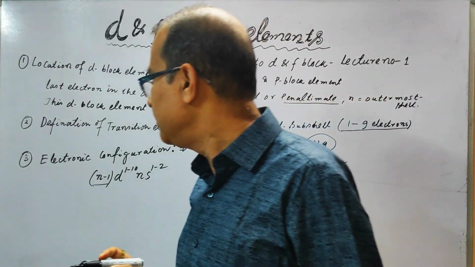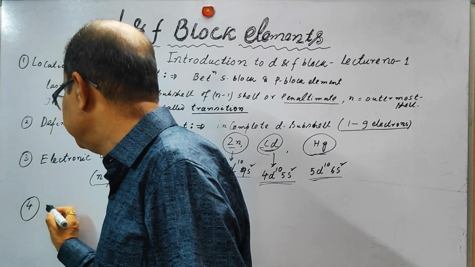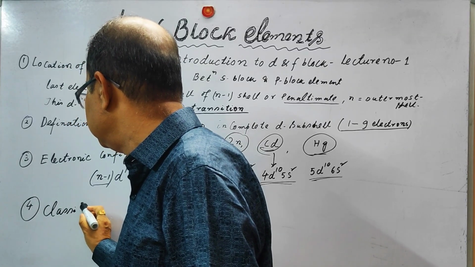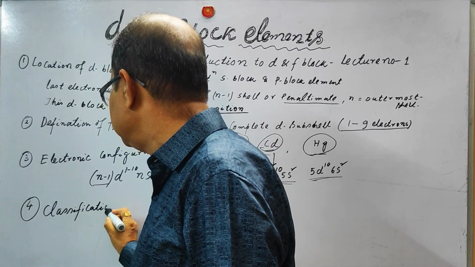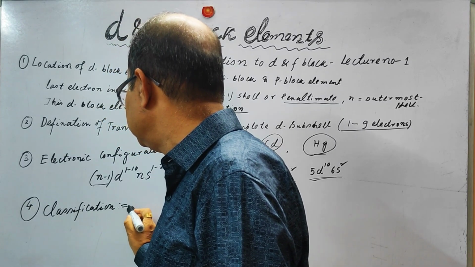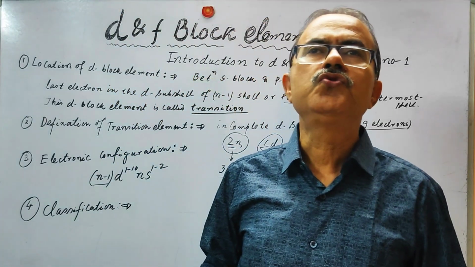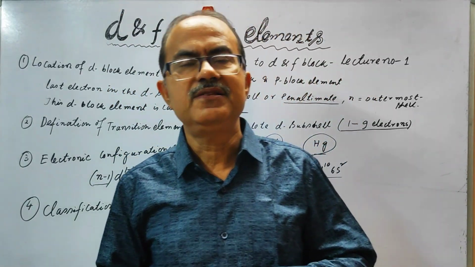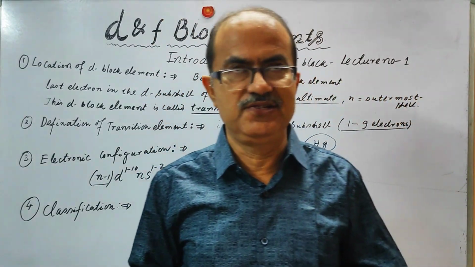Now a fourth thing that we are going to discuss is the classification. The row of elements having 10 elements is called a transition series.